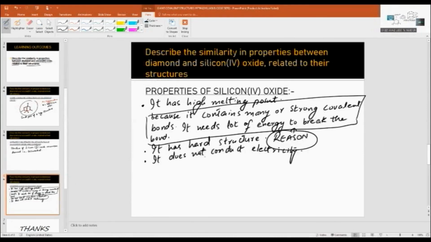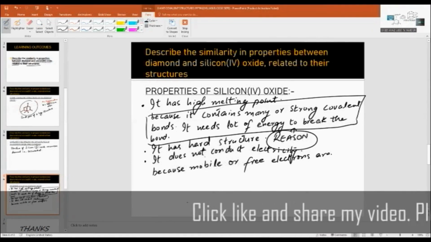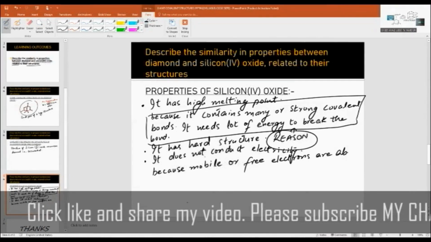Again, it is just like diamond, so we can write that mobile or free electrons are absent, because mobile or free electrons are absent.